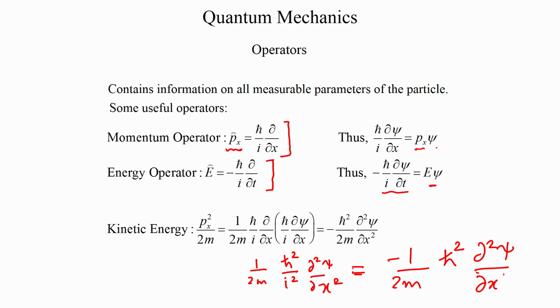So this is my kinetic energy operator. You could imagine this particular element here to be my kinetic energy operator. When it's operated on the wave function, I get the kinetic energy. So you have these operators and they tell you what the momentum is, the energy is, and the kinetic energy is, etc.